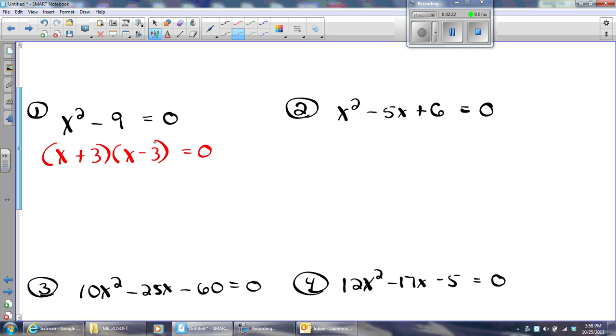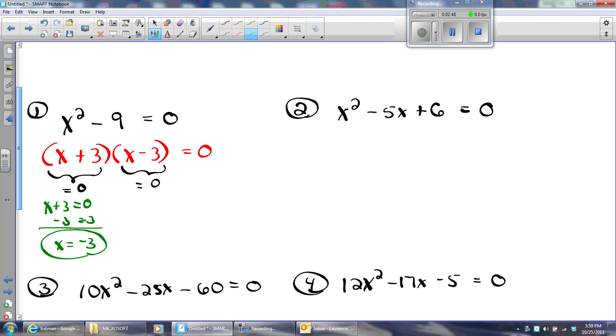Okay, now we need one of these quantities to equal 0. One of them, not both. They both could, but one of them. So what we're going to do is write down x plus 3 equals 0, like a linear equation, and we're going to solve it. So one of the possible answers for x is negative 3. x could be negative 3.